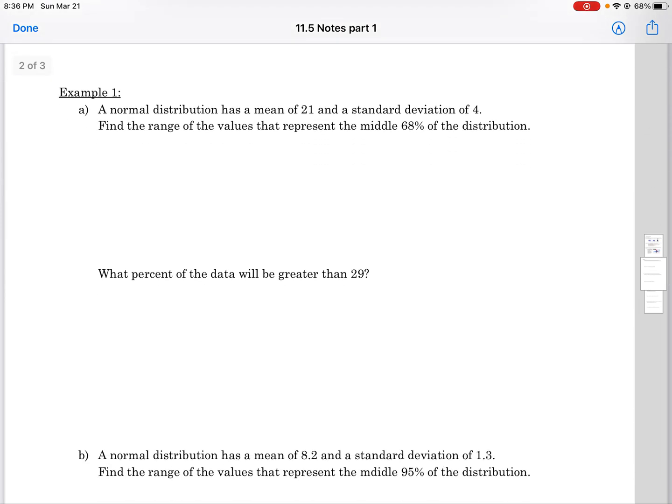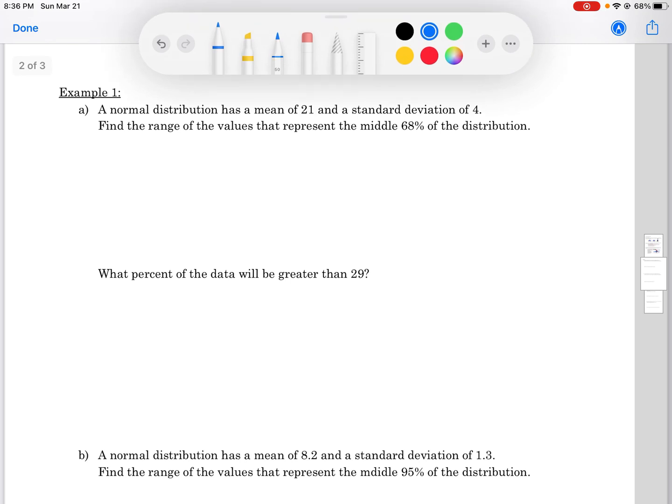So what we're given here is the mean and the standard deviation, and we are told our curve has a normal distribution. The best thing you can do in these types of problems is to try your best to draw a bell curve. All right, so in the middle is whatever our mean value is. Our mean here is 21.